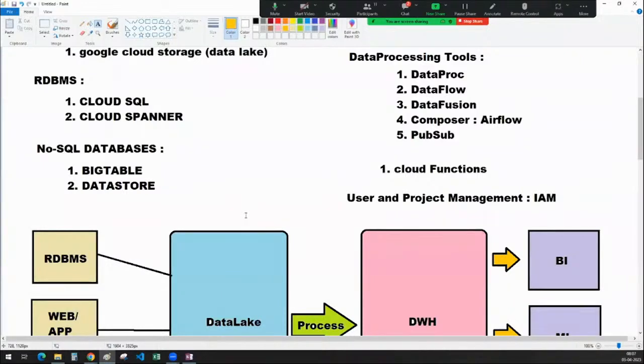And these are real-time projects you can put in your resume. That is one point. And one more thing I want you to understand is, whenever we talk about a service, I would go to the Google Cloud Platform and I will try to explain all the things about that service theoretically and practically.